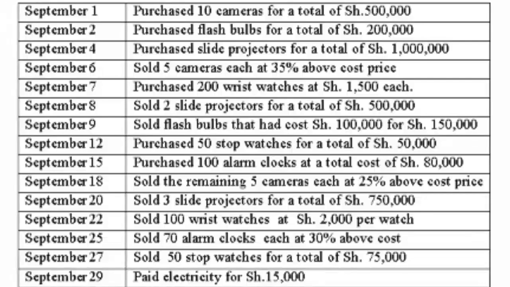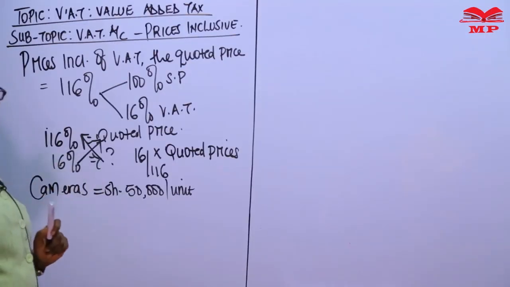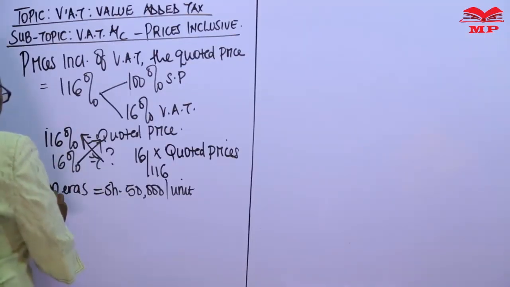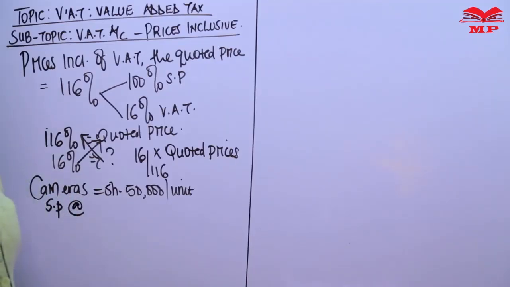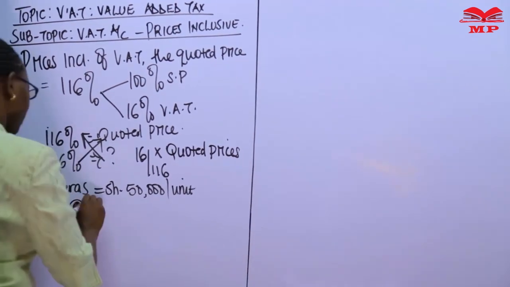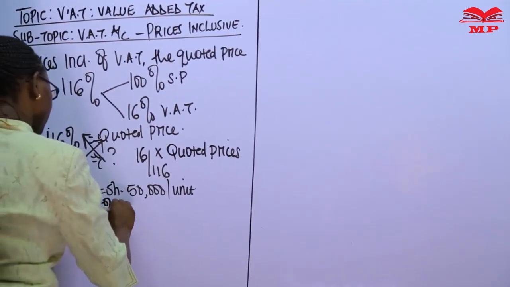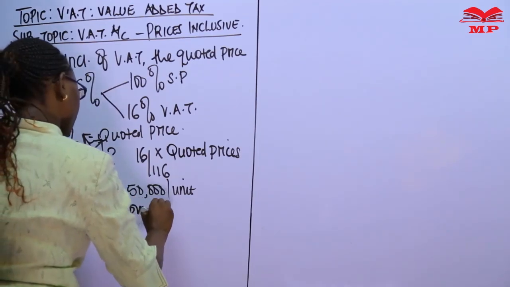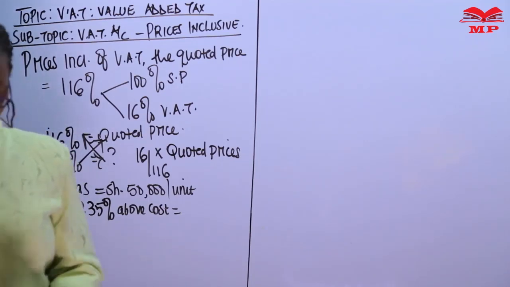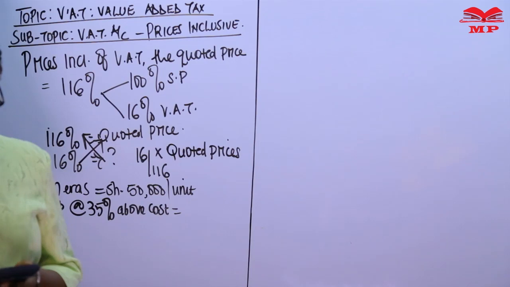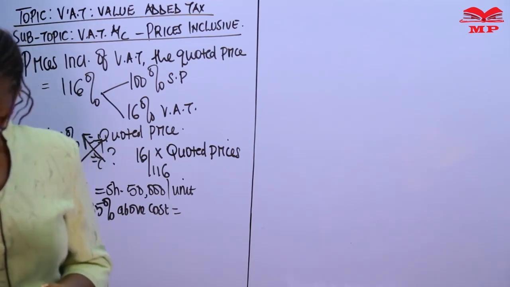6th of September, sold 5 cameras, each at 35% above cost price. Now, the cost per camera is 50,000 shillings per unit. So the selling price of a camera at 35% above cost: the cost of 50,000 is 100%, and what we want is 135%.